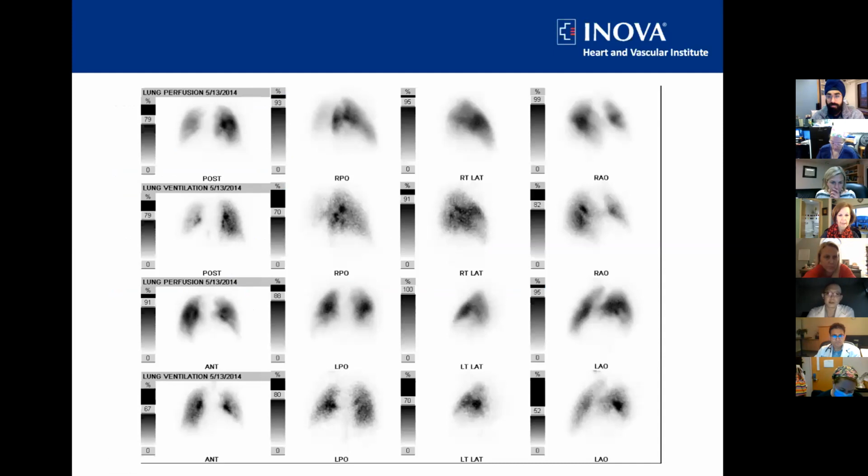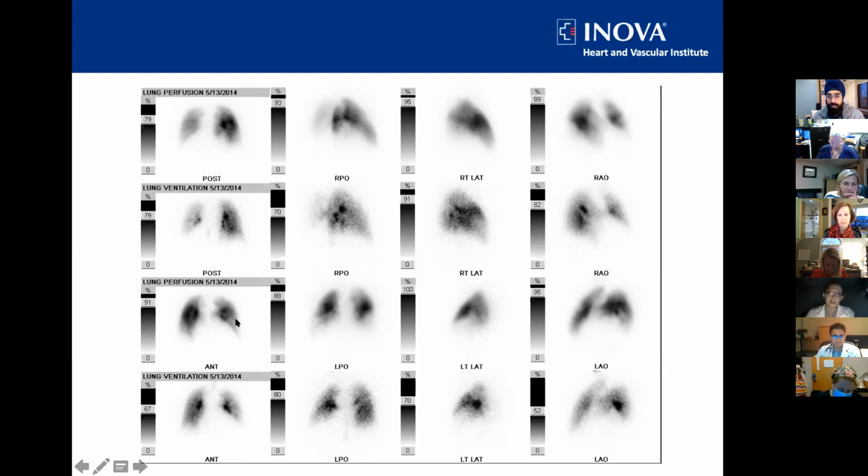This was his VQ scan, and it was read essentially as no findings suspicious for pulmonary embolism. I think most radiologists are trained to look at this and solely look for the acute defects. But with the suspicion that maybe there was some CTEPH, we had the folks from San Diego review it, and they said, in fact, maybe there are some segmental lesions over here.